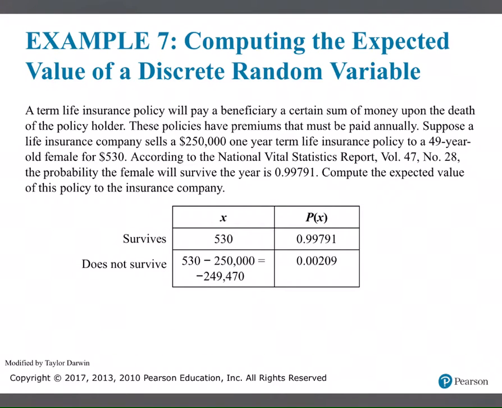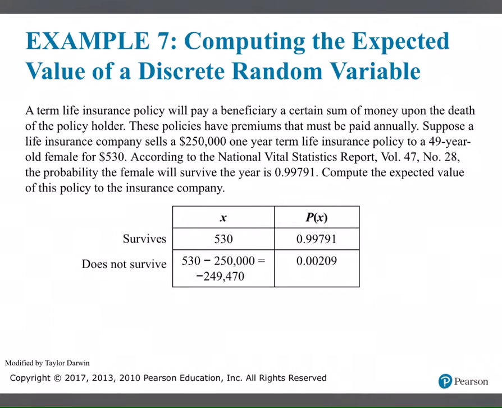So take this example. A term life insurance policy will pay a beneficiary a certain sum of money upon the death of the policyholder. These policies have premiums that must be paid annually. Suppose a life insurance company sells a $250,000 one-year life term insurance policy to a 49-year-old female for $530.